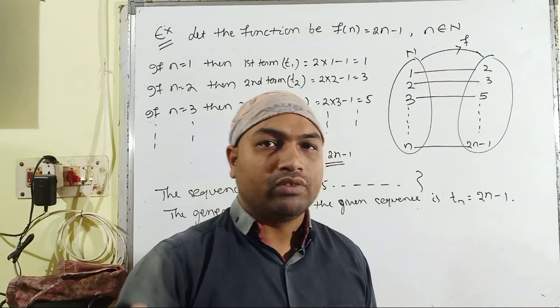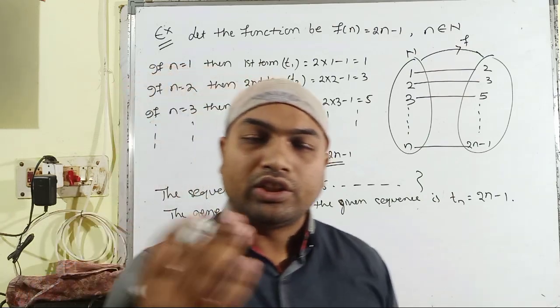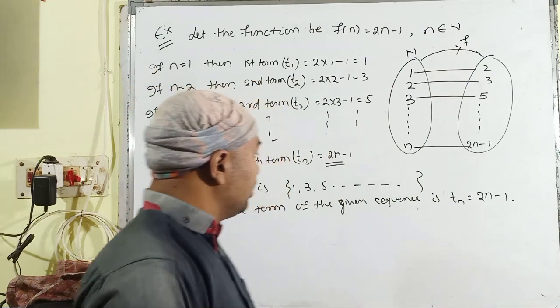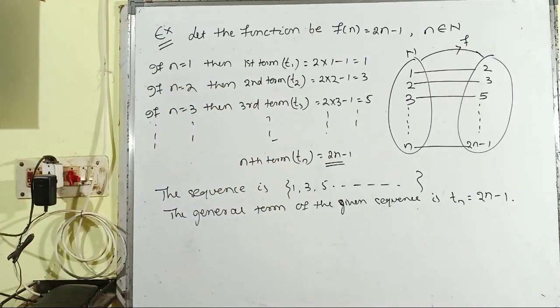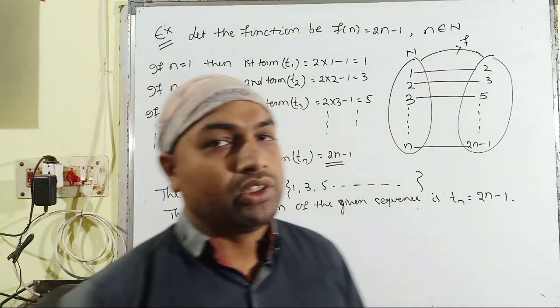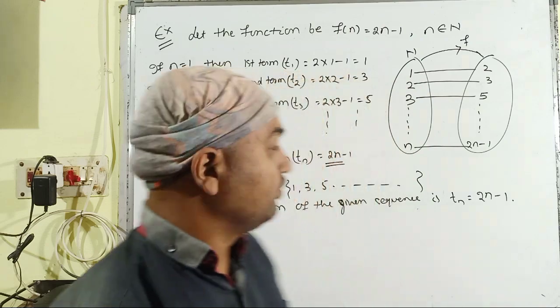In the later part of this video, you will also find the sequence from the nth term of a given sequence. So let us discuss more of the fundamentals of the chapter sequence. How many types of sequence are there? That means types of sequence.